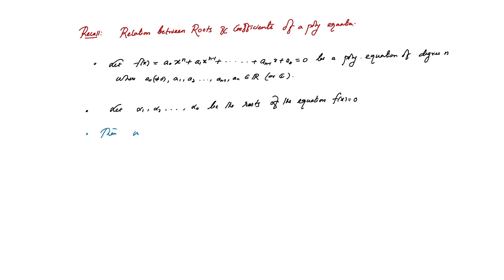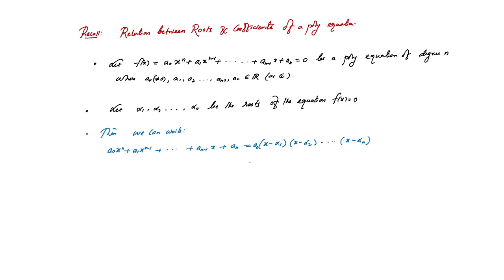Then we can write a0 x to the power n plus a1 x to the power n minus 1 plus dot dot dot plus a n minus 1 x plus a n equals a0 into (x minus alpha 1)(x minus alpha 2) up to (x minus alpha n).